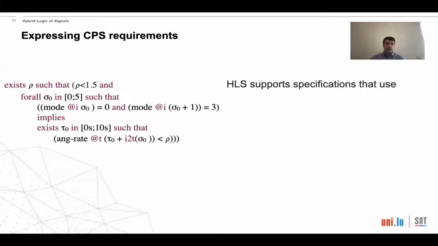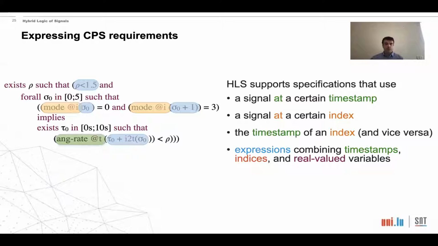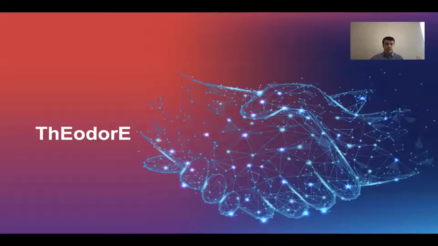Additionally, it supports specifications that use the at timestamp operator, at t, to retrieve the signal value in a record with a given timestamp, the at index operator, at i, to retrieve the signal value in a record with a given index, the index to timestamp and the timestamp to index operators to retrieve the timestamp associated with an index and vice versa, and expressions combining timestamps, indexes, and real value variables.